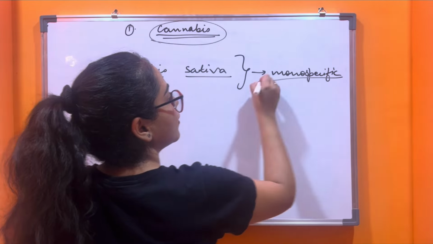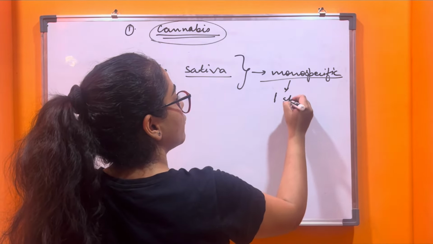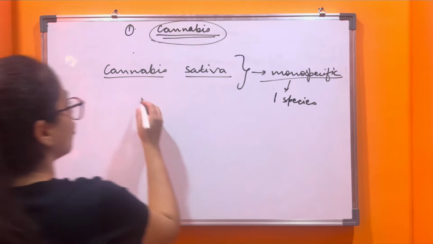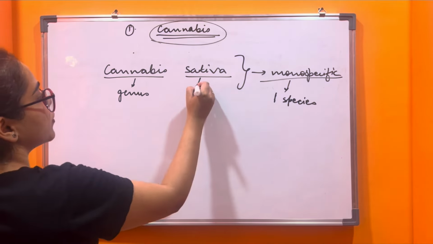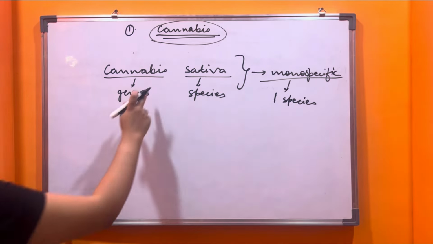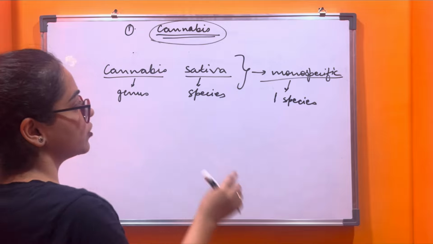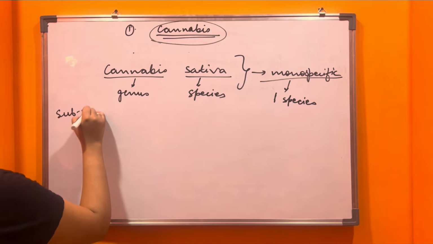What do you mean by monospecific? Monospecific means it has only one species. In this scientific name, this is the genus and this is the species. So Cannabis sativa has only one species, which is sativa, but it has several subspecies.